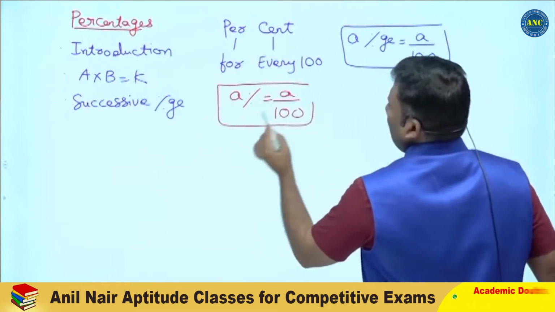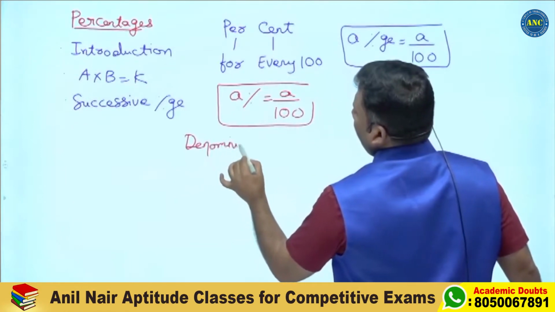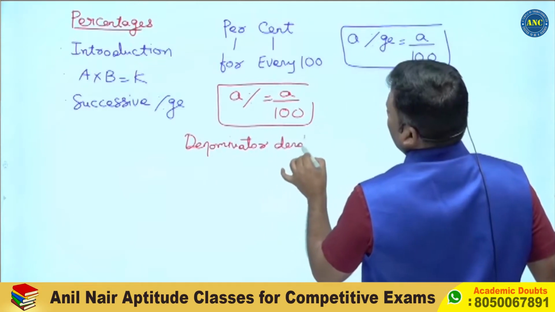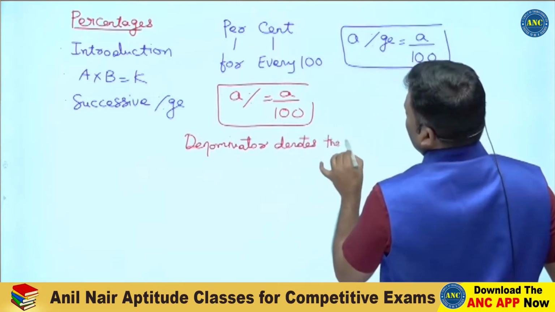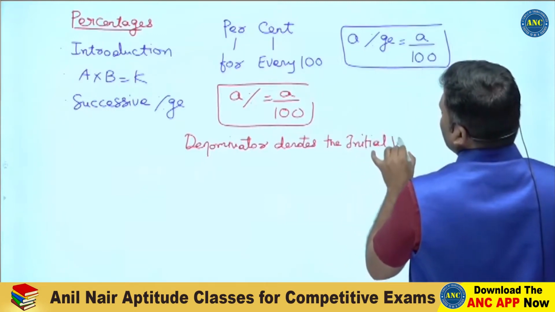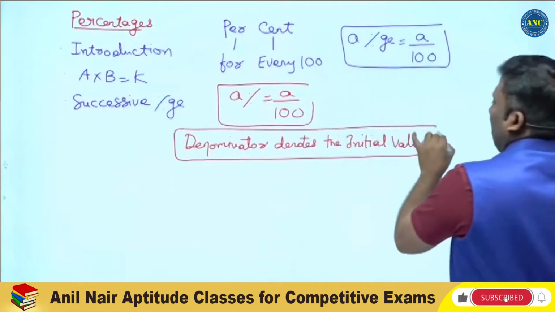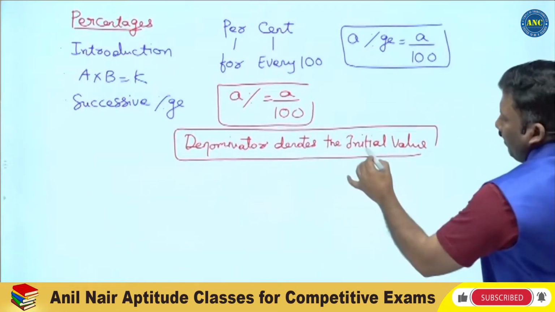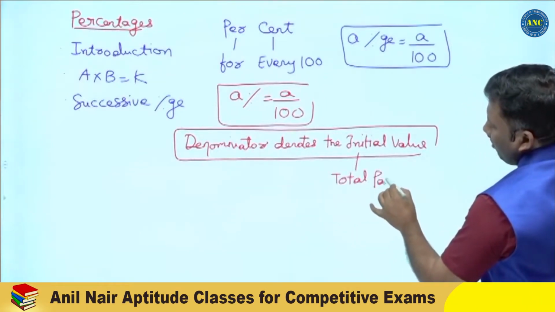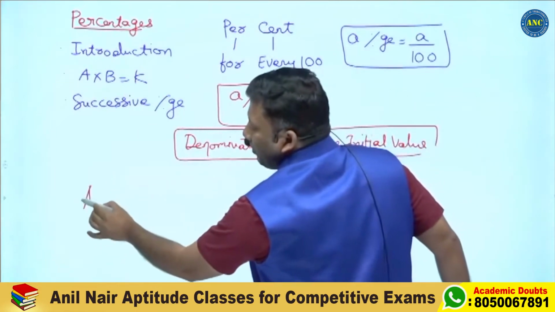Always remember, the denominator denotes the initial value. What is the numerator? That depends upon the question. The denominator denotes the initial value or it could be total parts, especially in arithmetic problems.